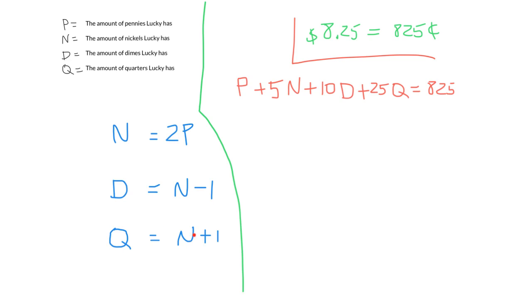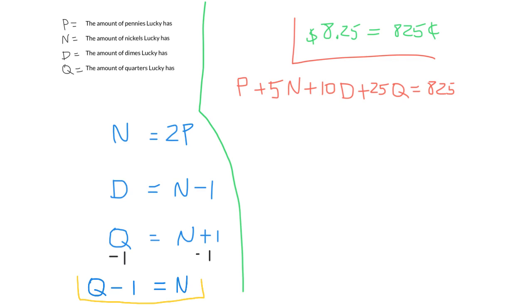Well, one thing we can immediately see out the gate is that we can totally find out what N is in terms of Q by subtracting 1 from both sides. So imagine we did that. We would end up realizing that really N equals Q minus 1.